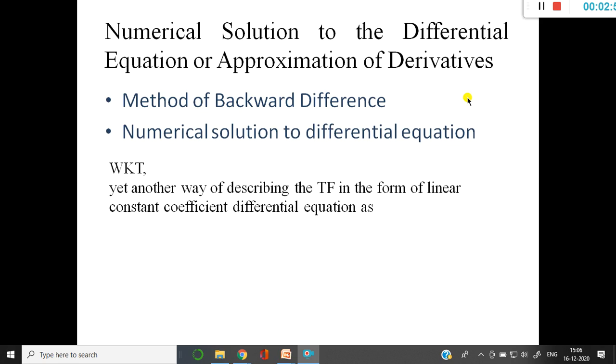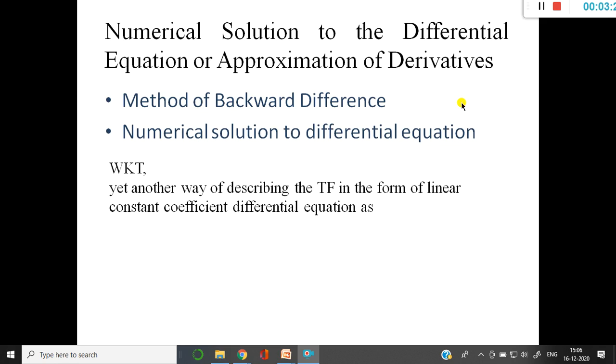You might have studied this in your third semester, signals and systems. That is the representation and solving of differential equations, which means that LTI systems, linear time invariant systems, can be represented in the form of differential equations and difference equations.